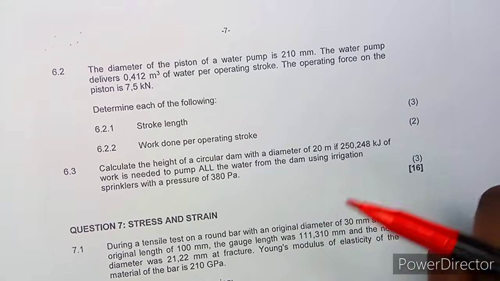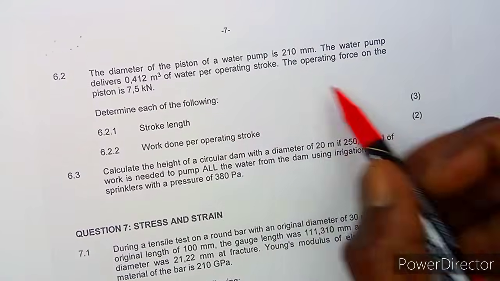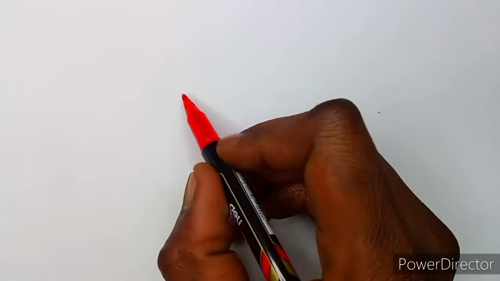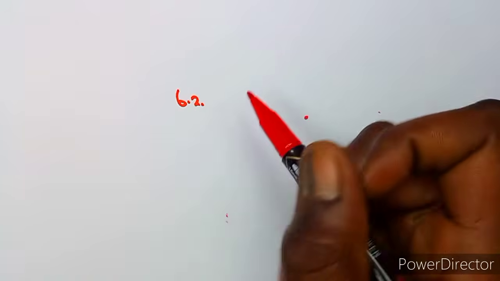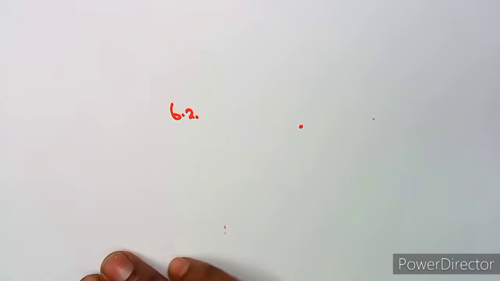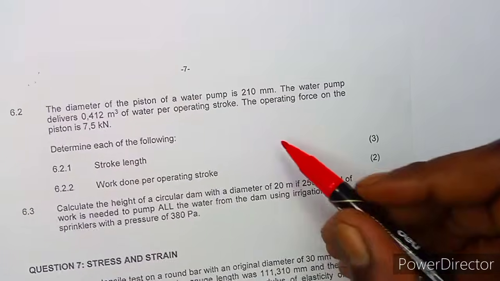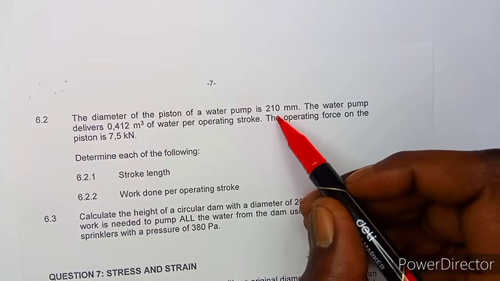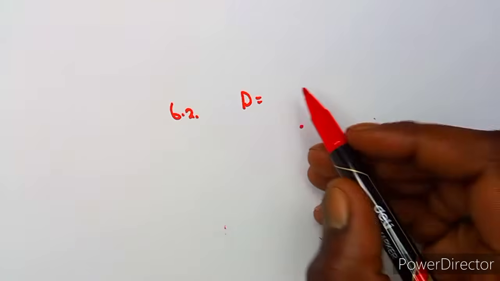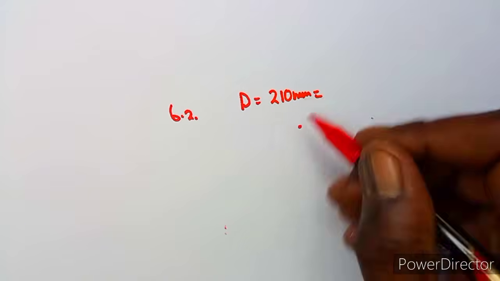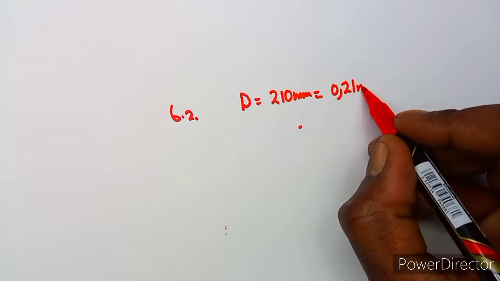So we've got the diameter of the piston, which is 210 millimeters, and if you divide by 1,000, that's 0.21 meters.